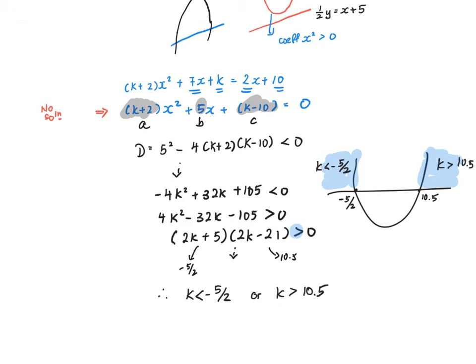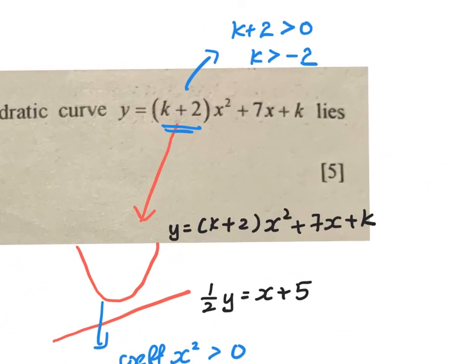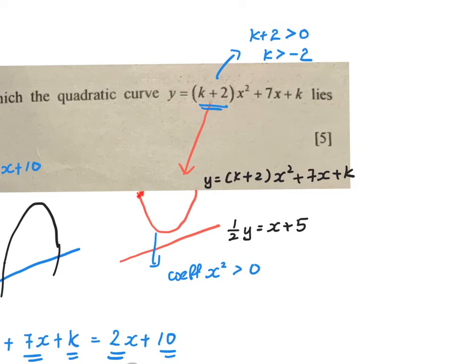However, don't forget that originally we have this condition because the curve lies above the line: the coefficient of x squared has to be positive. This means k plus 2 has to be greater than 0, therefore k has to be greater than minus 2.